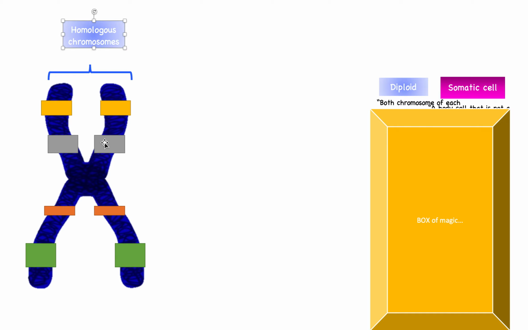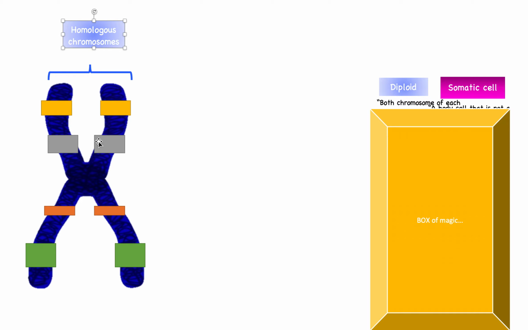So for example, let's say this one is your dad's and this one is your mom's. This part, the top part of these chromosomes, may each encode hair color. Your mom's hair color might be different from your dad's, but they still have the same function. So if we move down, here we find height, and here we find height of the dad, and then here we find height of the mom.